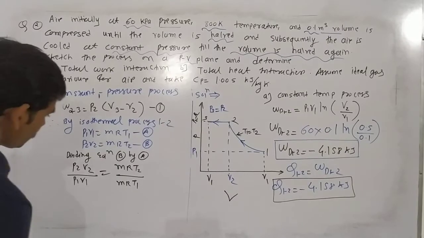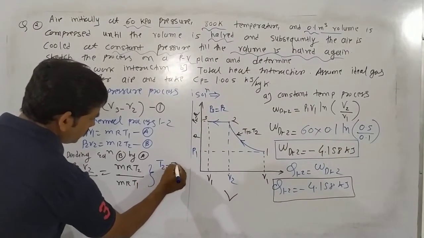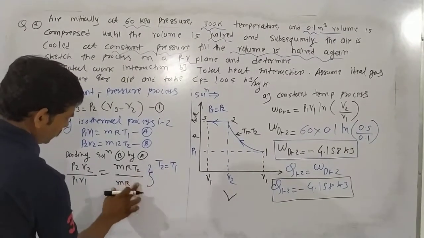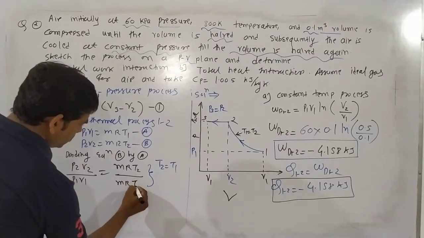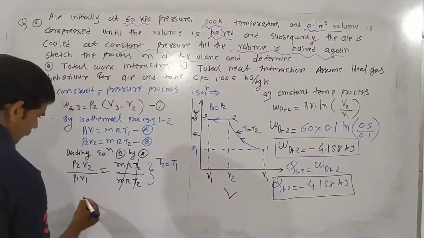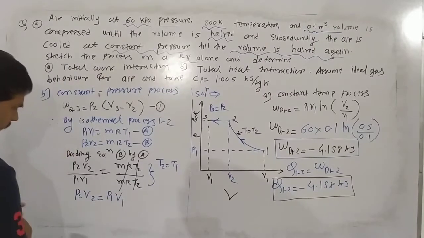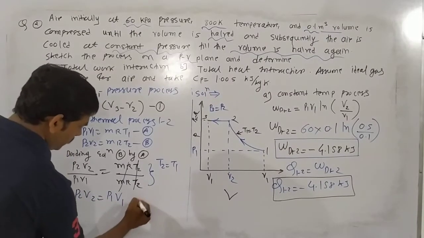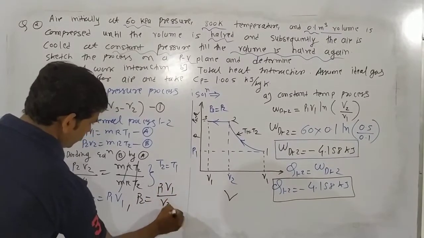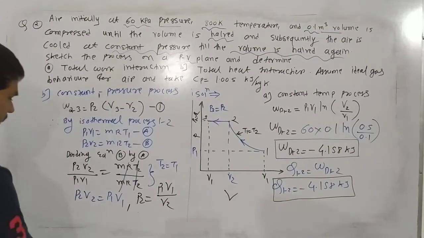Yes. Here this is the constant temperature process, so T2 is equal to T1. So m R T2 cancels, and the remaining equation is P2 V2 is equal to P1 V1. We require the value of P2. So P2 is equal to P1 V1 upon V2, guys. You just put all the values and you get the answer.